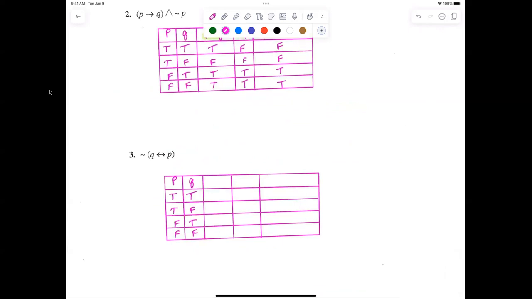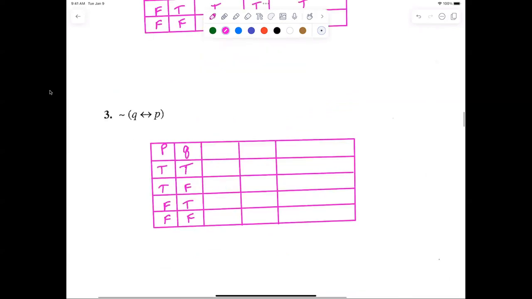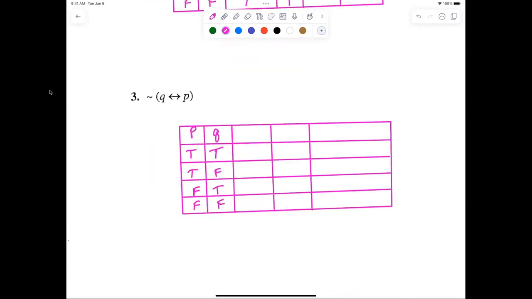All right, now for 3, I need what? The biconditional, right? So I'm going to go ahead and put Q if and only if P. So what do I have there? Now, if you forgot the rules, don't ask me what the rules are. Go back to your notes, flip up to the first page, and go to biconditional and figure out when the biconditional is true.